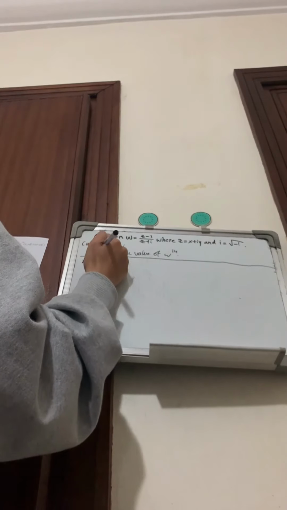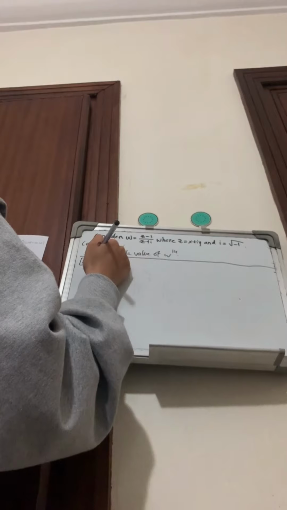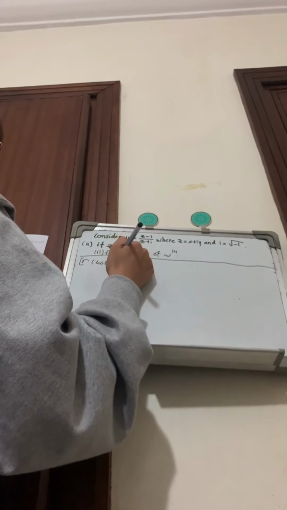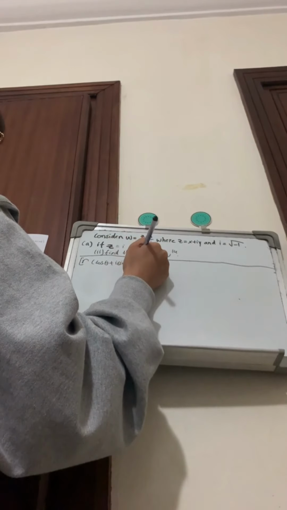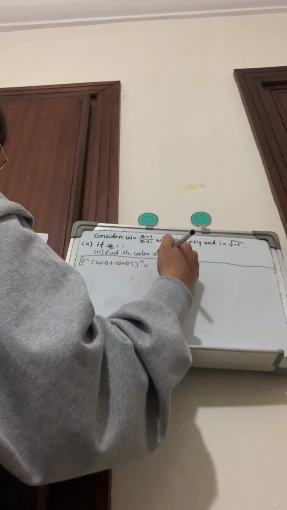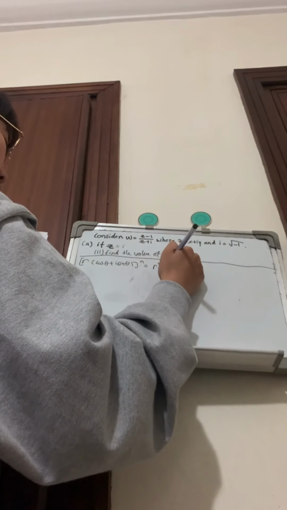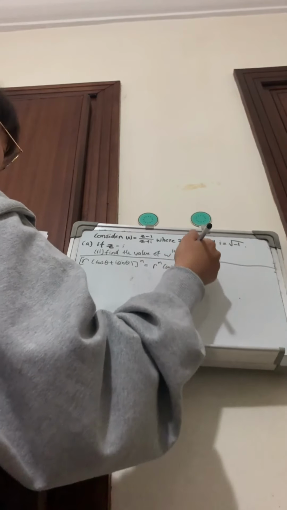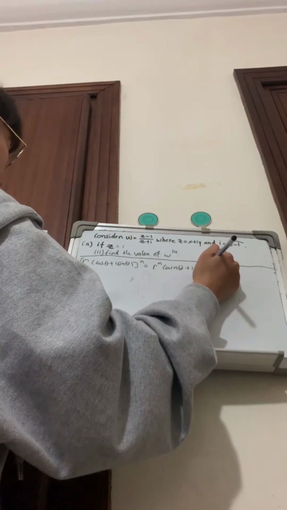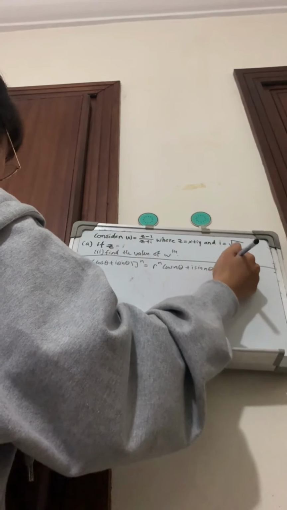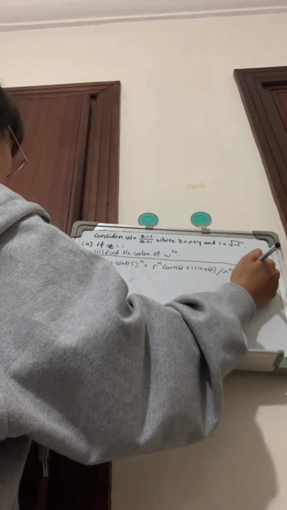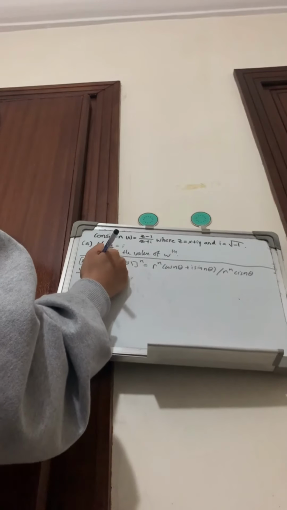The formula can be expressed as, okay, so this is the formula, and previously we have got the result as radical 2 over 2 cis pi over 4, and now just apply the formula.